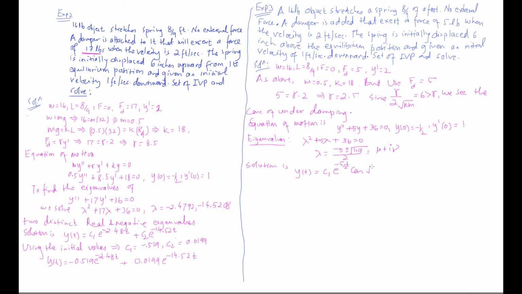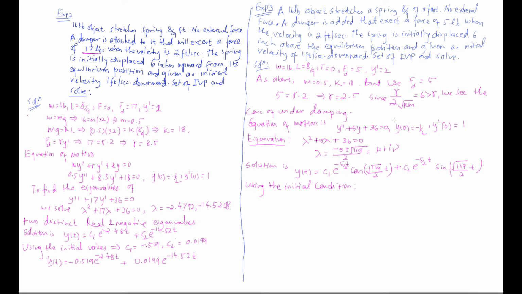Nu is root 119 over 2, so cosine of root 119 over 2 t, plus c2 e to the -5/2 t sine nu t, that means sine of root 119 over 2 t. That's what you get, right? So this is basically the solution. But now we use the initial condition, since it has complex roots. How do you do that?